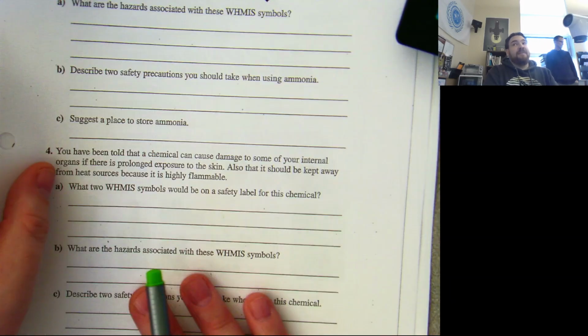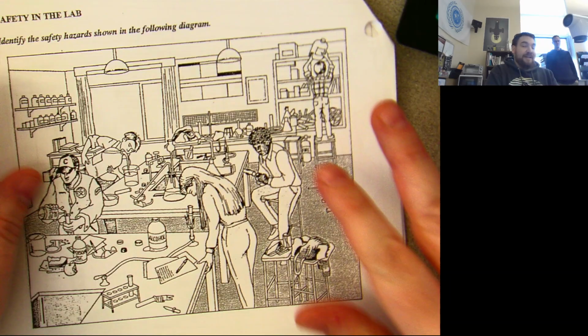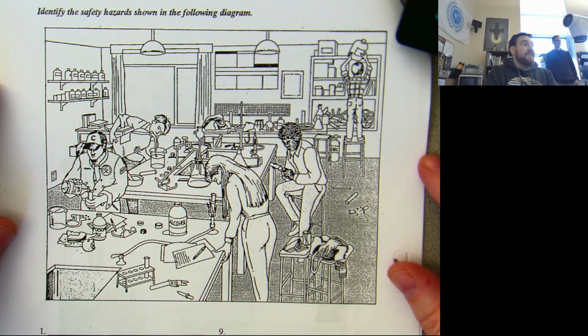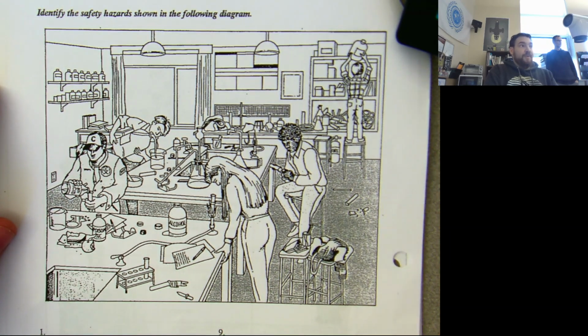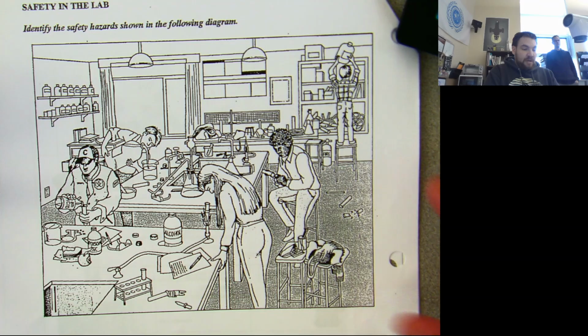And if you finish the diagram and if you finish these questions, I photocopied this out of order. I apologize. I also want you to go back and take a look at this. Based on the conversation we had yesterday when we were in the lab, all the things that we should and should not do, I present to you this picture. There are at least 15 horrendous decisions being made by the 5 people in the lab.